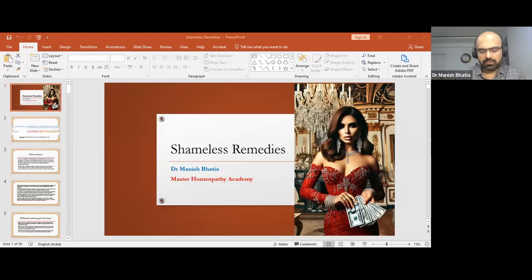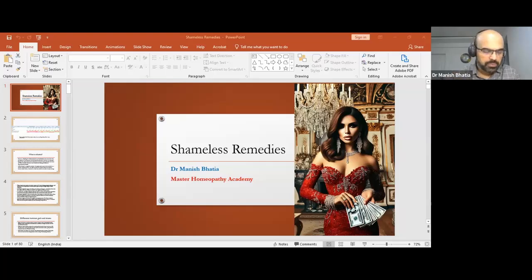Not every remedy which is given in a particular rubric has a similar story. Not every remedy given in the shameless rubric has the same kind of shamelessness, the same intensity of shamelessness.